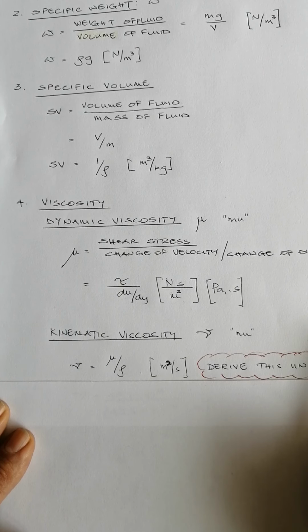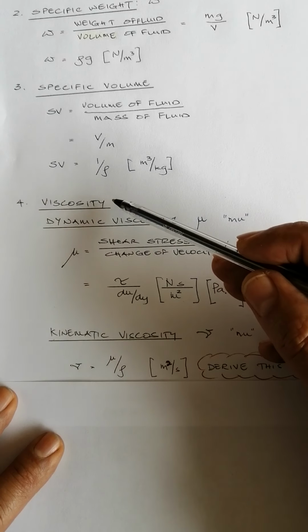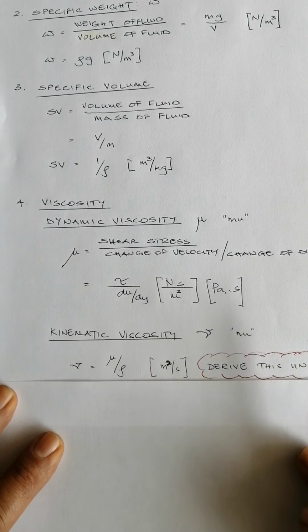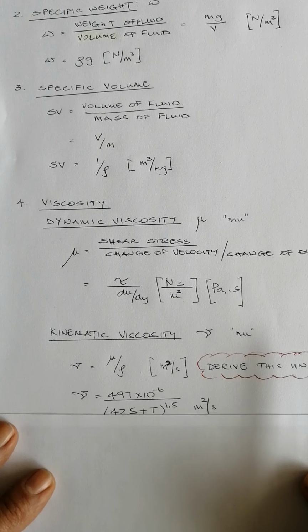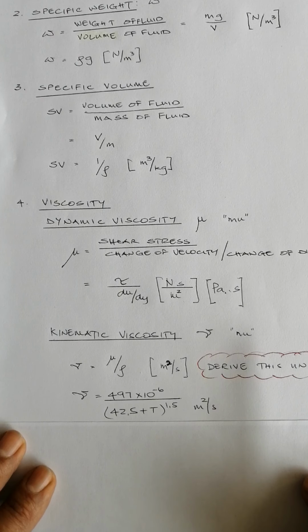Another equation that we use in terms of your kinematic viscosity, because viscosity is dependent on temperature. So therefore, if temperature comes into the equation, then we need to find an equation that has temperature in it.